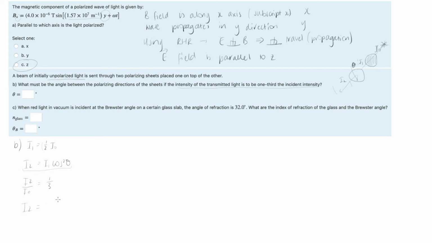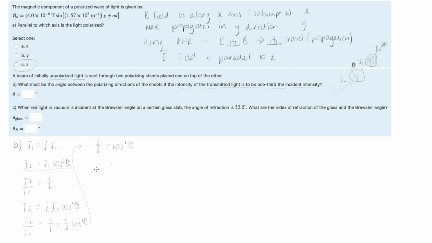So we can have I2 equals 1/2 I0 cos squared theta. Therefore, we can say I2 divided by I0 has to equal 1/3 as per what the question told us. It's going to equal 1/2 cos squared theta. So if I continue this up here, we end up with 2/3 equals cos squared theta.